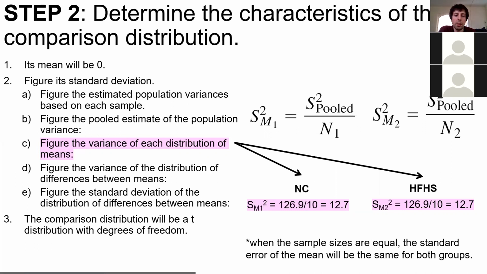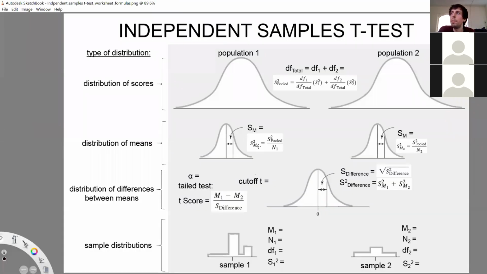To go back to our independent samples t-test image, what we're finding out are these two facts: S little m, S little m. Ideally, what I should have done here, and you may want to do it if it helps, is write SM1 to represent the fact that it's from population 1 and population 2.